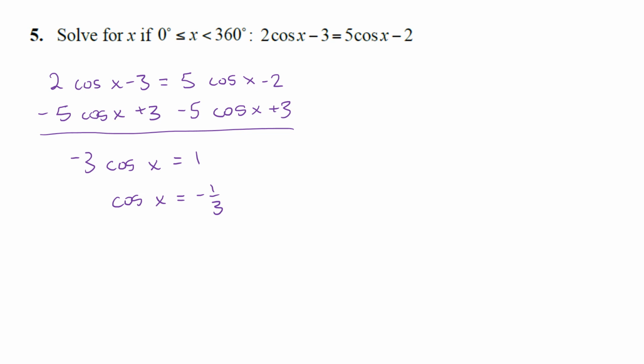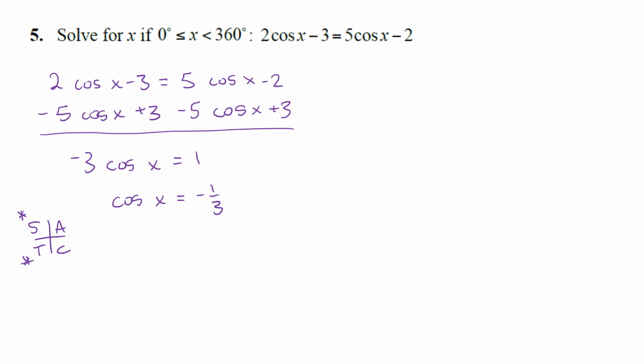So that means we're going to have to use another method to find the angle measurements whose cosine is negative 1/3. Okay. Since cosine here is negative, using our acronym, all students take calculus, we know our angle measurements are going to be in quadrant 2 and in quadrant 3, because that's where cosine is negative.